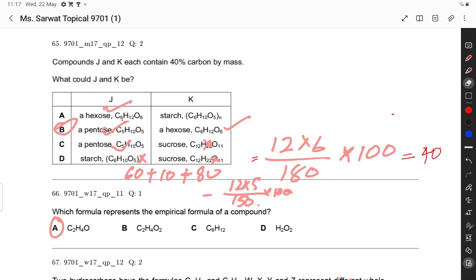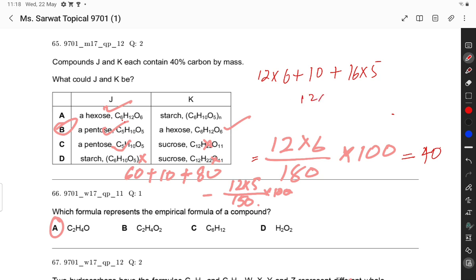This is equal to C6H10O5: 12 into 6, plus 10, plus oxygen 16 into 5, is equal to 162.